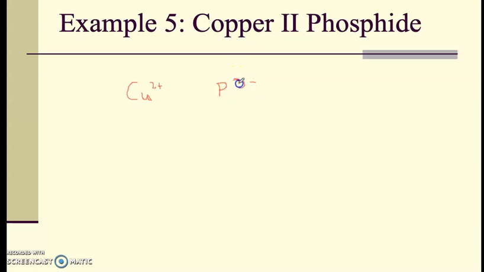Then we crisscross. The 2 goes over there, the 3 goes over there, so it's simply Cu3P2. Okay, done. That's not too bad, right?